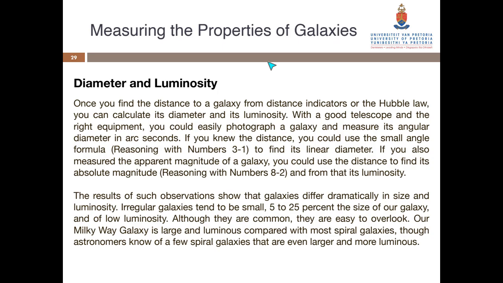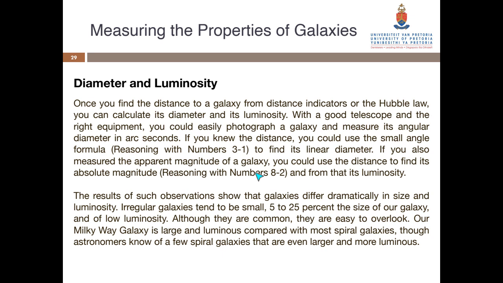If you know the distance, you could use the small angle formula to find its linear diameter. If you also measure the apparent magnitude of the galaxy, you could use the distance to find its absolute magnitude, and from that its luminosity. All of this uses what we've learned in previous lectures, and now we are using it again.